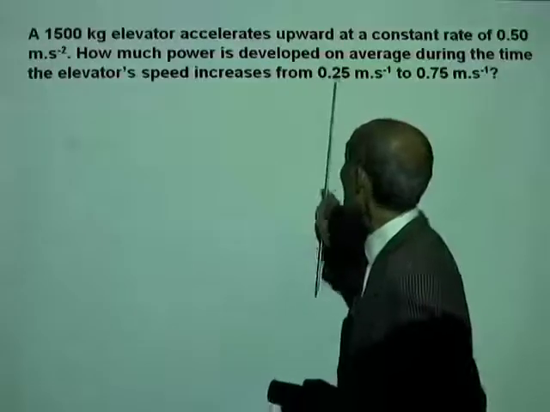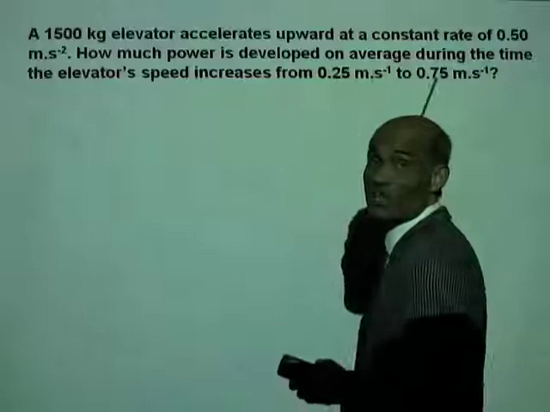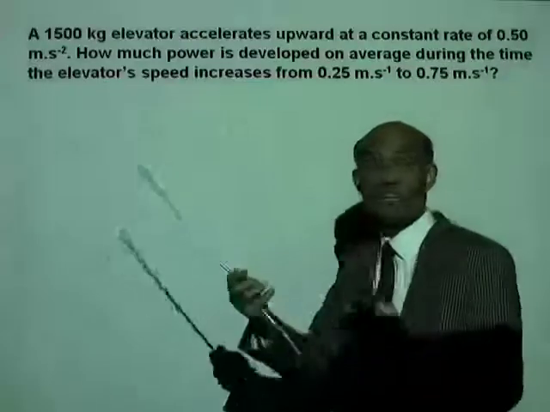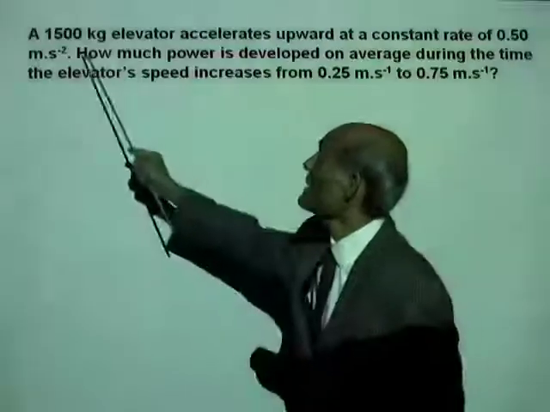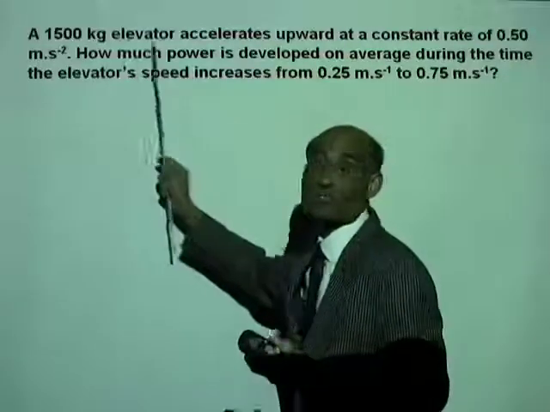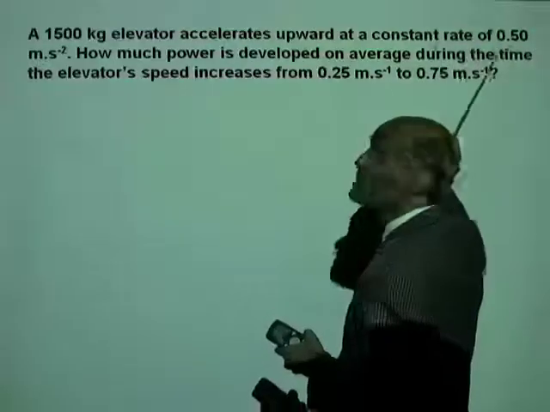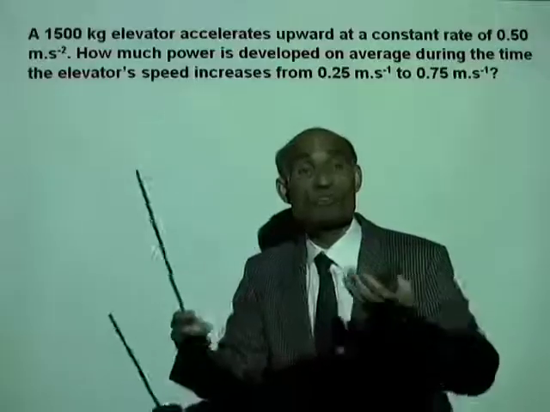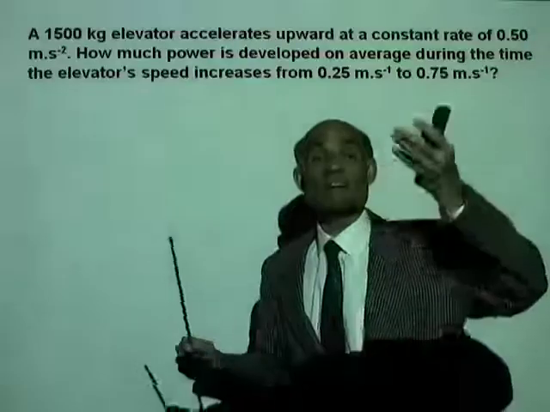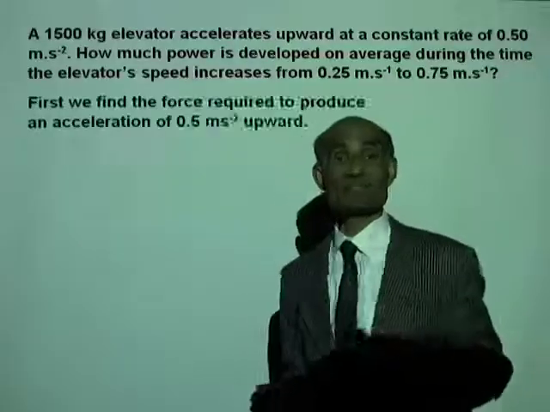Here again, we have the initial velocity, final velocity, we can find the average velocity. And we have the mass of the elevator, we have the acceleration of the elevator, we can calculate the force that is producing that acceleration on the elevator.